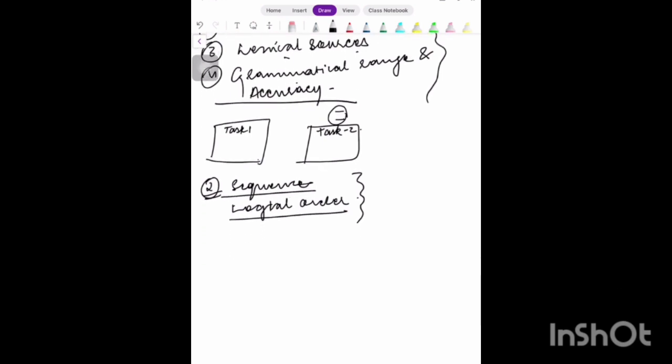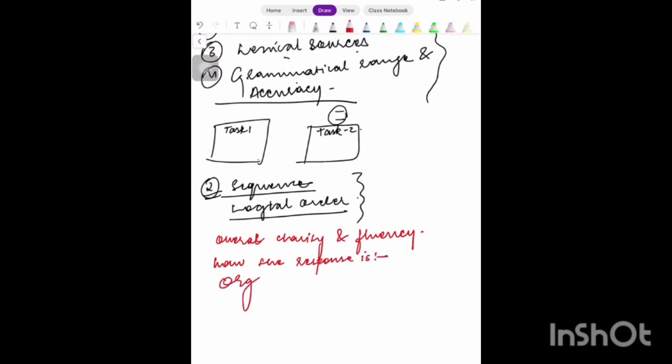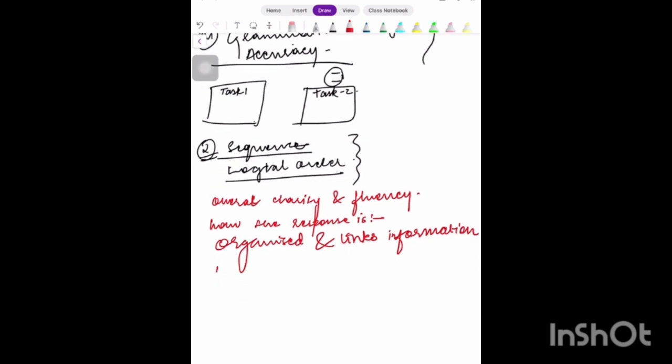So what it concerns is the overall clarity and fluency, how the response is organized and links information, ideas and language.